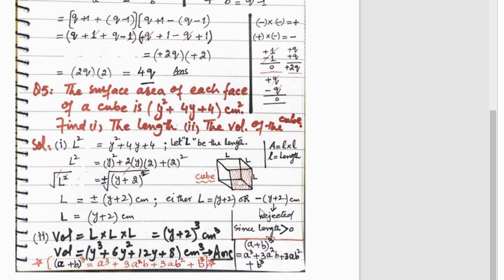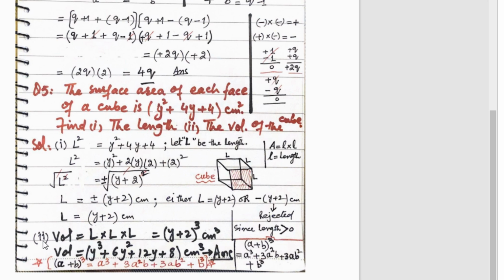If length is less than 0, it means nothing. Even a dot is greater than 0. So length is not a dot, length is more than a dot. So length is always greater than 0. That is why we are rejecting this minus value. We will accept length as y plus 2. So this is the answer of the first part. Length is equal to y plus 2 centimeters.